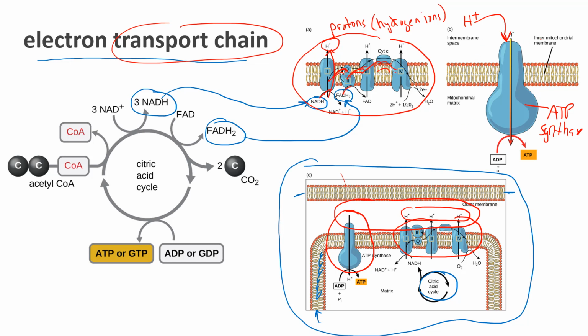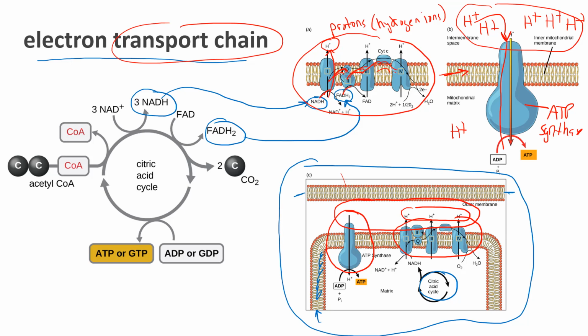They flow from an area of high concentration, there's lots of them over here, to an area of low concentration. They can only flow through ATP synthase, just like water flowing through a dam. The water behind the dam is a lot more than the water on the other side of the dam. Same thing here, there's a lot more hydrogen ions, a lot more protons on one side of the inner mitochondrial membrane.